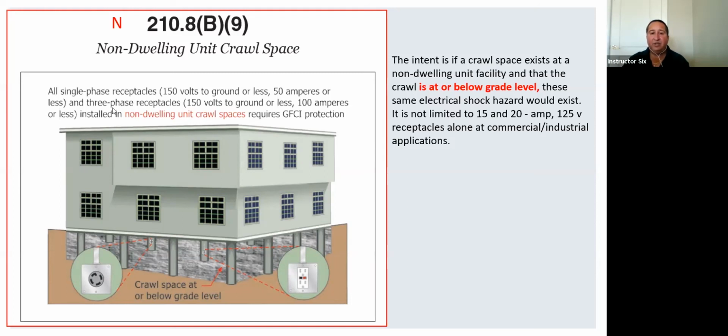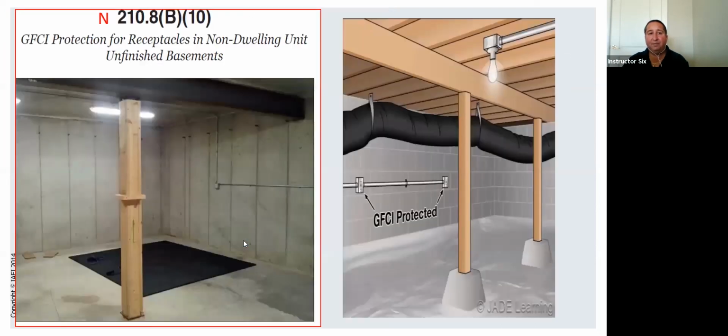Okay, so these are the requirements now for a commercial building. If in doubt, put GFCI, especially in commercial in the crawl space area. And here's another picture of it. So here you could see a receptacle here, and in this area you're going to need it, and also on the right side you're going to need it also.